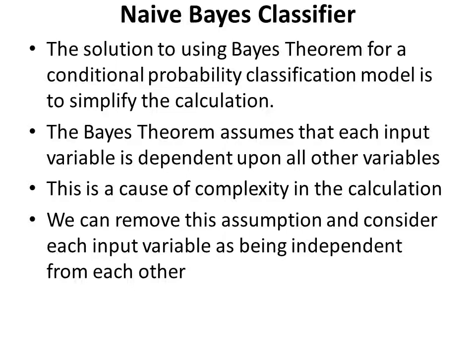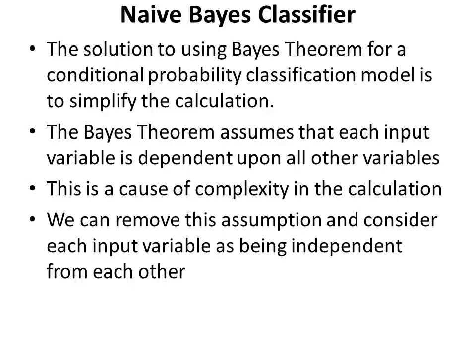Bayes' theorem assumes that each input variable is dependent upon all other variables. One variable is dependent on another variable. This is the assumption made in Bayes' theorem, and it is the cause of complexity in the calculation. So we need to simplify this complexity.